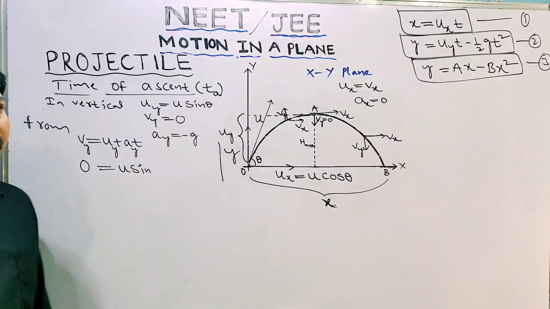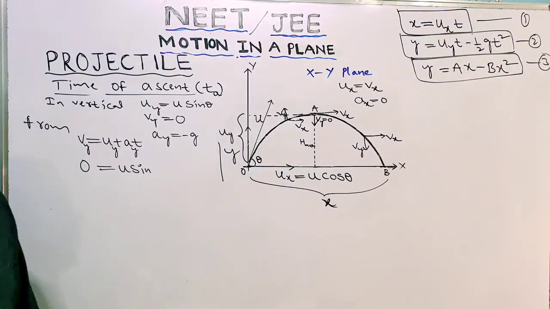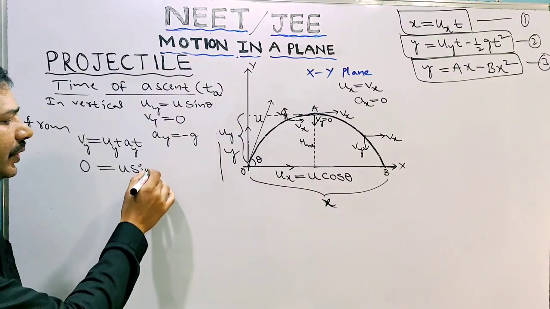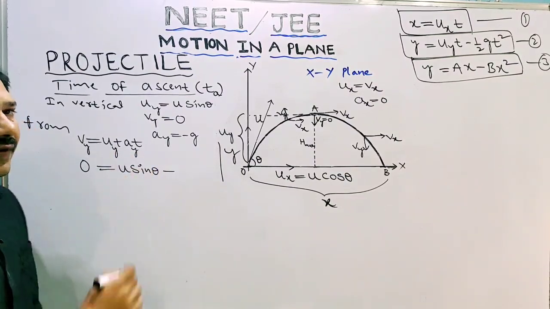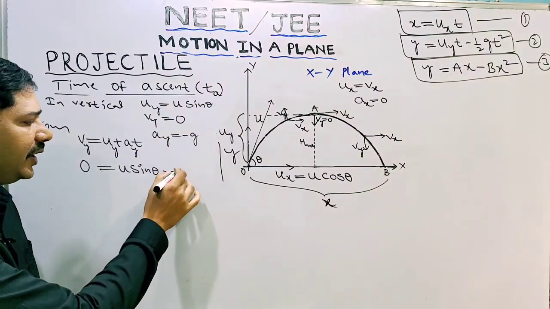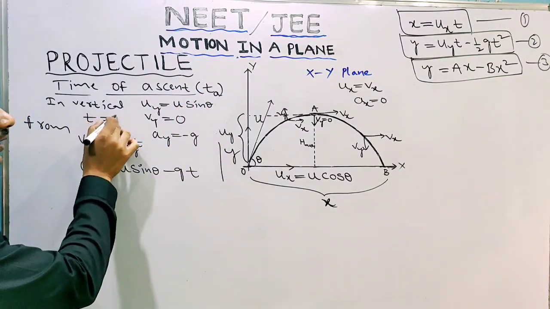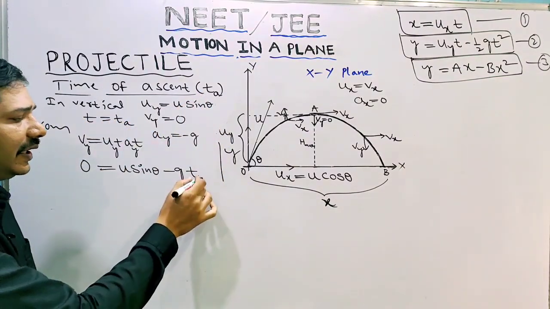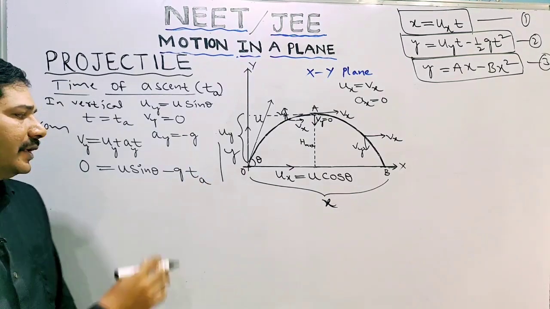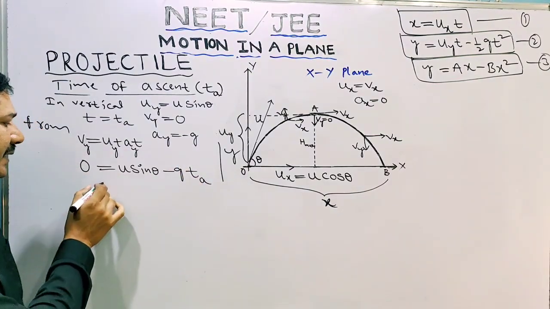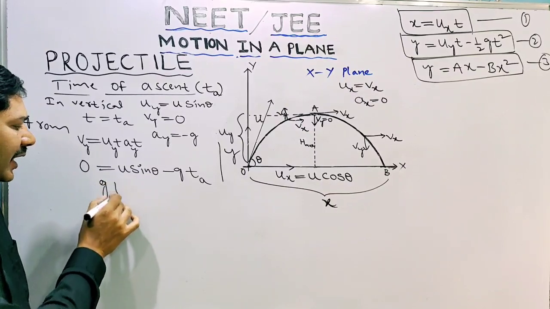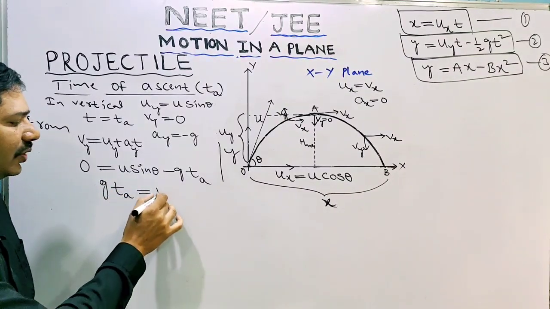Horizontal ux is u cos theta, vertical uy is u sin theta. Here ay is minus g, t. Here time of ascent t, I am taking ta. This minus g ta I am bringing this side, it becomes plus g ta equal to u sin theta.